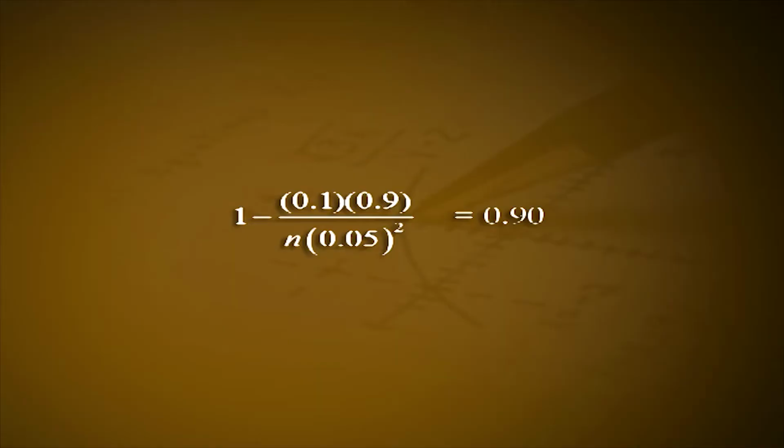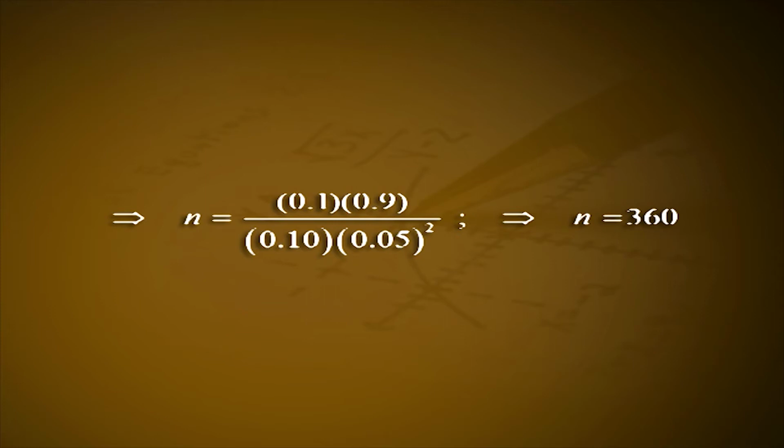To get the number of samples required so that the above probability is greater than 0.90, we have to find n such that 1 minus 0.1 into 0.9 divided by n into 0.05 square equals 0.90. This implies n equals 0.1 into 0.9 divided by 0.1 into 0.05 square. This implies n equals 360.